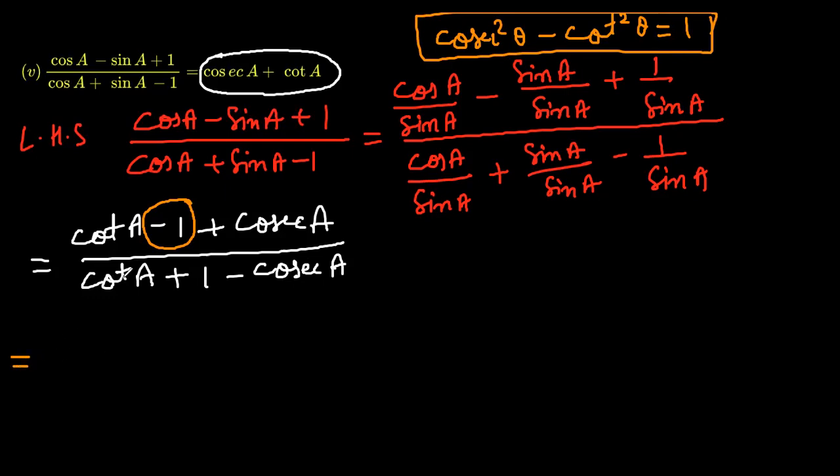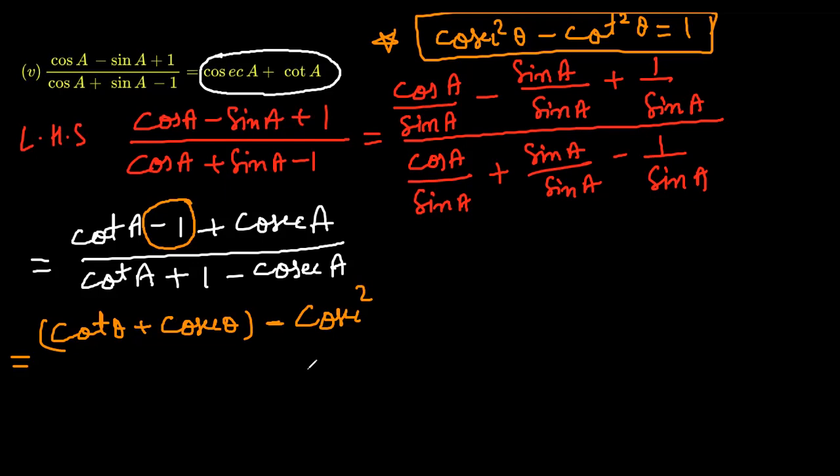this is equal to cot theta plus cosec theta as it is. Cot theta plus cosec theta. This is as it is. In place of 1, we are going to write up here this identity, which is cosec square.